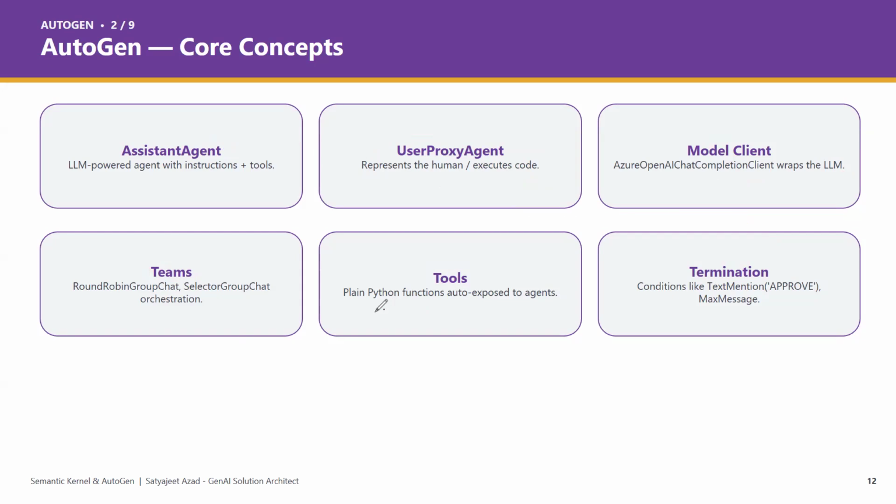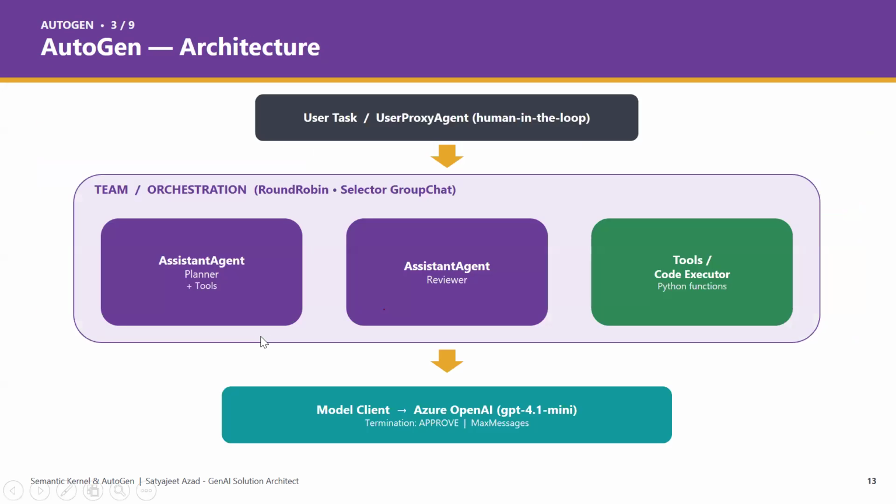Let me go to the second screen. So how does the architecture of AutoGen look? You can compare it with the other architectures that I have shared with you. What I was highlighting today for AutoGen is the user proxy agent, because this is the beauty of AutoGen, that it has human in the loop built in. That agent is already built in.